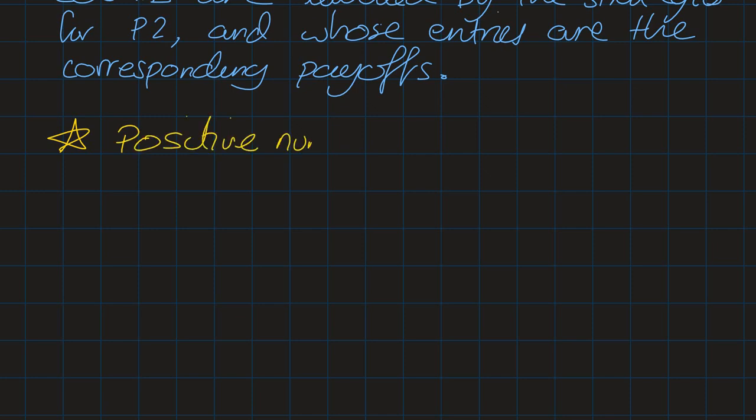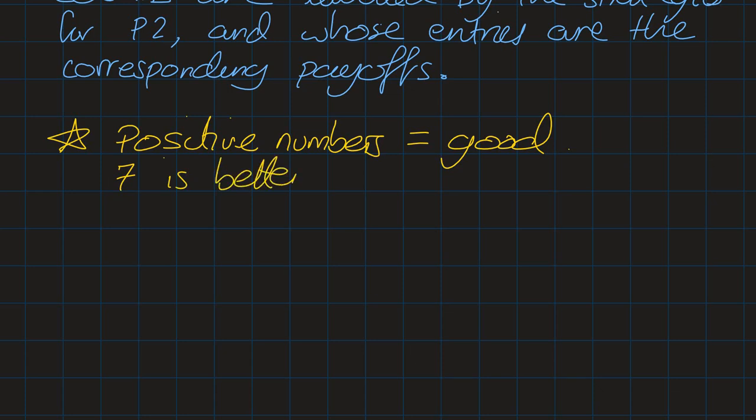Positive numbers equal good. And the larger the positive number, the better. So 7 is better than 3. Okay? This is just how utility works. You assign a number which tells you how desirable it is.